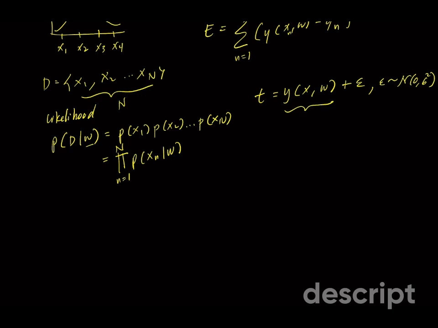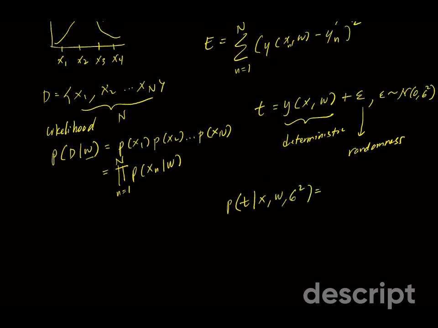Note that this function is deterministic, but this adds randomness, and we can summarize this to be a probability function of getting t given your parameters and your input. That means given your input x, given your parameters w, and your sigma squared.